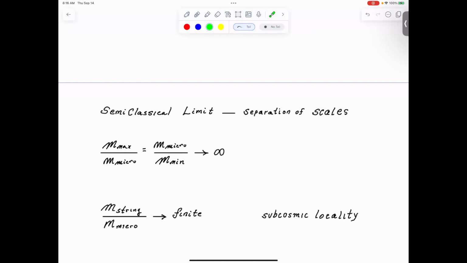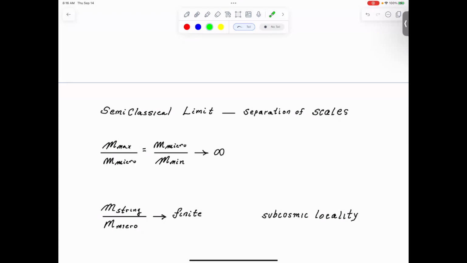It's also equal to the ratio of the microscale to the minimum scale, and those go to infinity. That's the separation of scales. And in that limit, the various scales, in particular the microscale and the minimum scale, have physics associated with them which is kind of disconnected from each other.